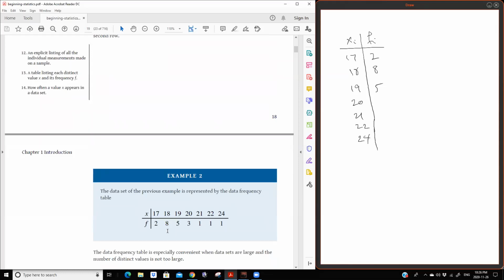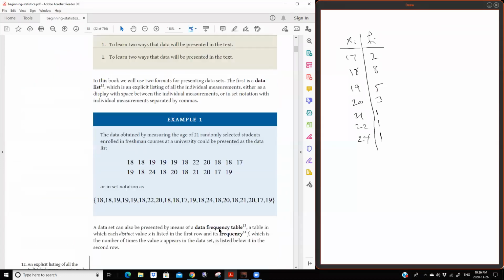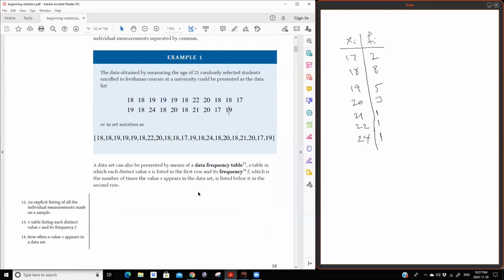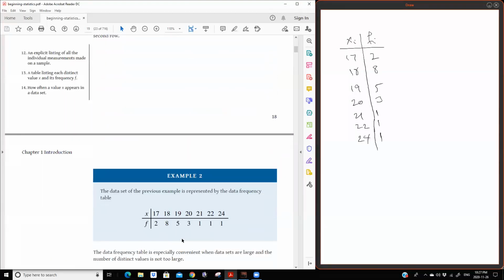So 2, 8, 5, 3, 1, 1, 1. What you see here is a frequency table. Basically, from a frequency table like this, you can list the numbers in increasing order, or from the list of numbers in increasing order, you can easily create a frequency table. So these are equivalent methods of presenting the data.